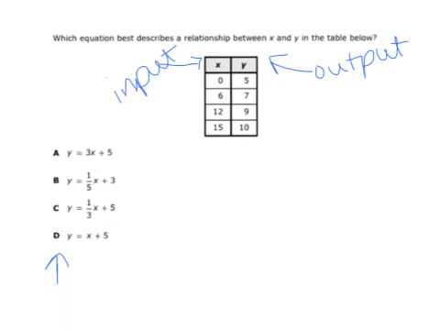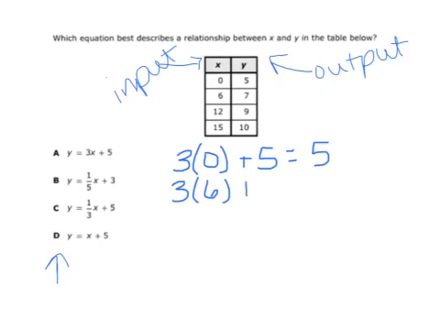So let's go ahead and get started here. In this first one, I have y equals 3x plus 5. Let's try this first one. If I plug my first value, which is 0, into that equation, that'd be 3 times 0 plus 5. Well, 3 times 0 is 0, plus 5 is 5. That's what it said I should get, so I'm going to keep moving along. The next number is 6, so I'm going to plug in a 6 now. 3 times 6 plus 5.